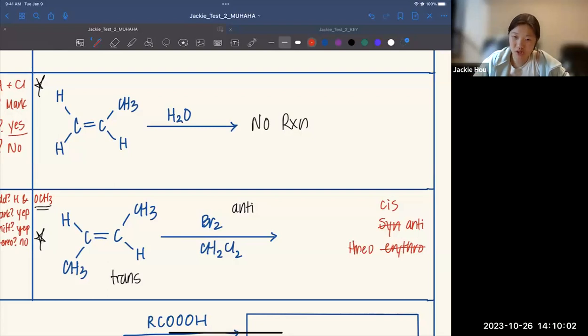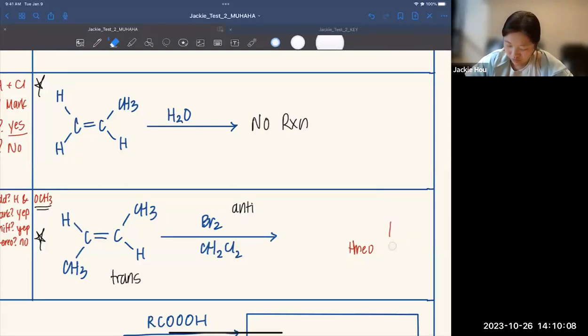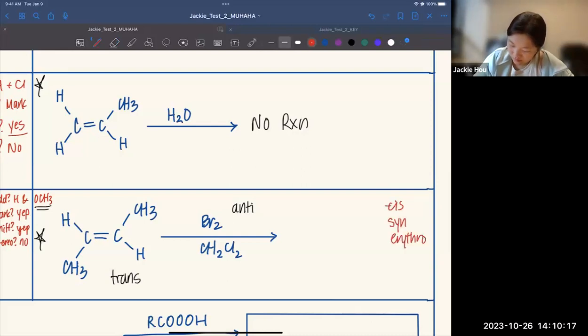Of course, if you don't change anything, like cis, syn and erythro, that is still true as well. So in our case, we showed that it was trans and anti, and so we know that the final compound has to be erythro.